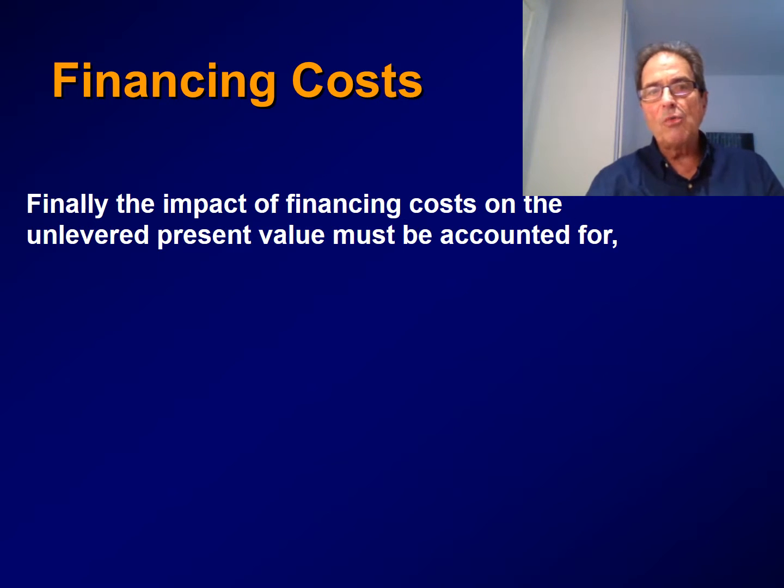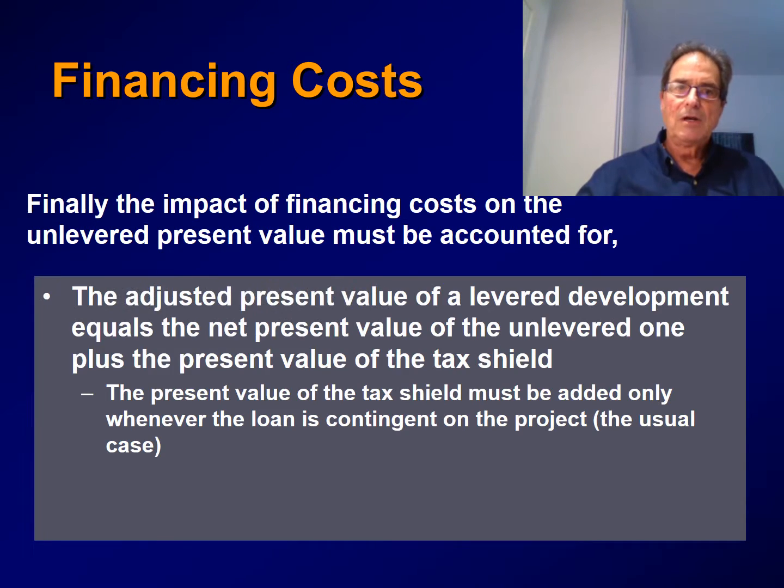Now let's see how we incorporate the impact of financing costs. Well, the impact of financing costs comes through the tax shield that they generate. So the adjusted present value of the levered development will be equal to the net present value of the unlevered development, the one that we obtained before, plus the present value of the tax shield.